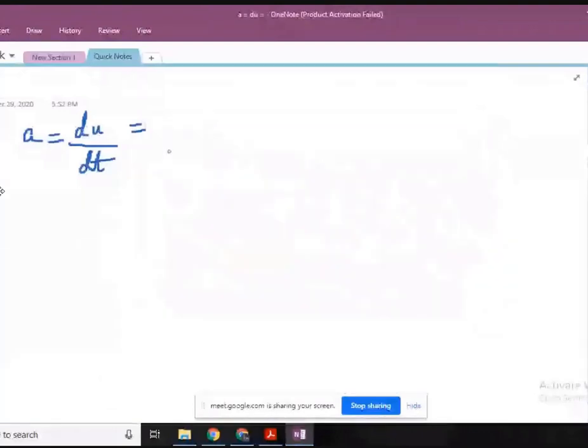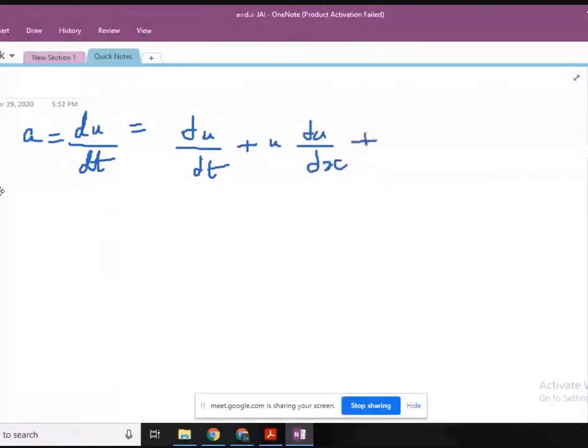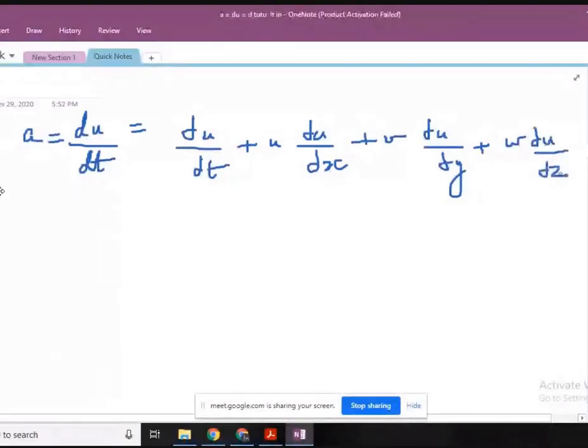I have got something like this. This is the expansion I got.